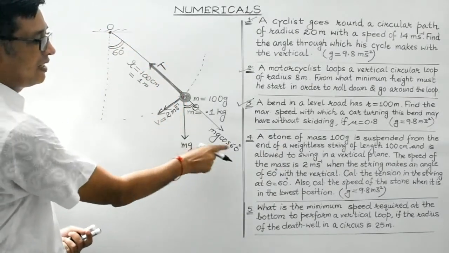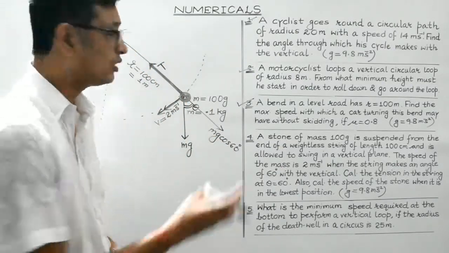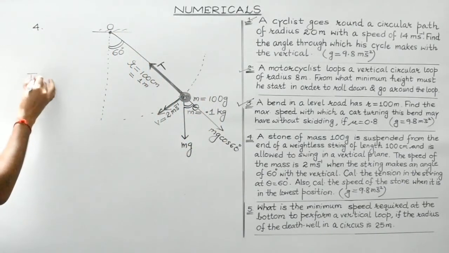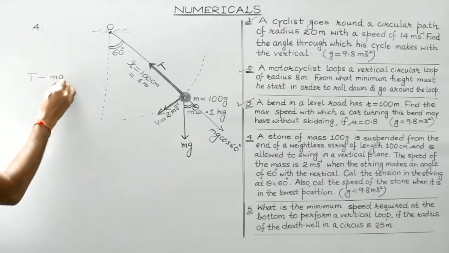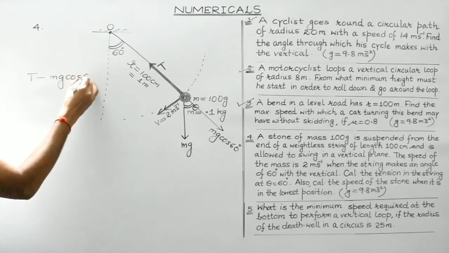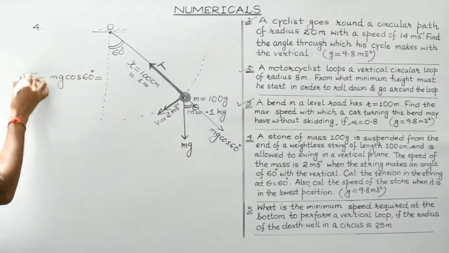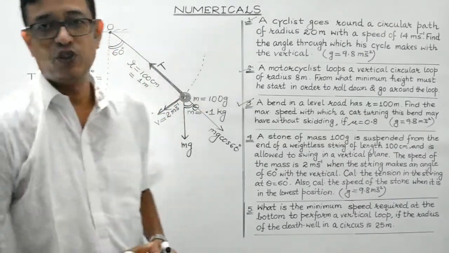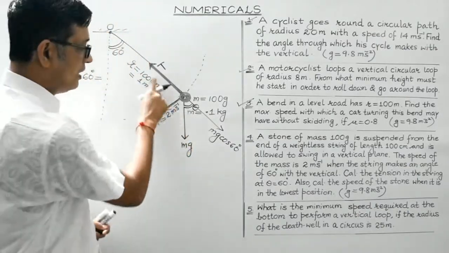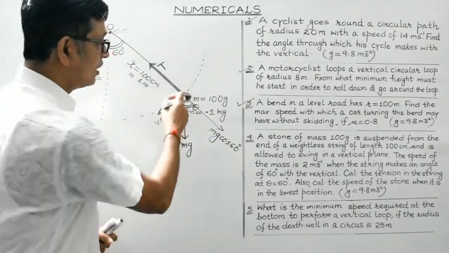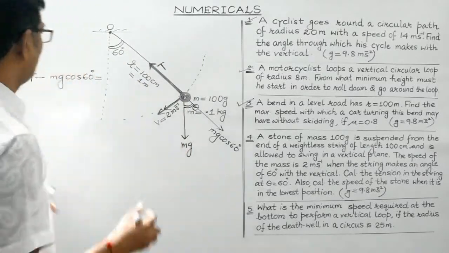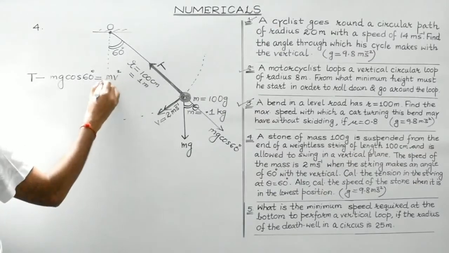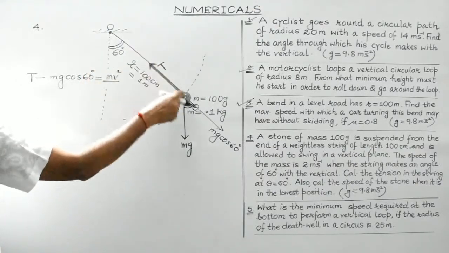So what is the net force acting on this body in the radially inward direction? That would be T minus mg cos 60 degree. Clear, students? And T minus mg cos 60 will provide the body the necessary centripetal force. And what is the formula for the centripetal force? It is mv square divided by r.